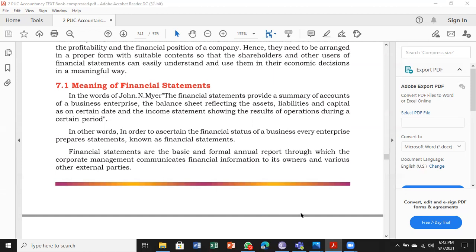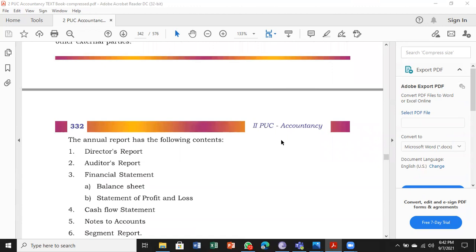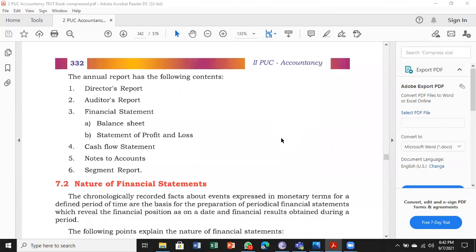So the financial statement is connected to the annual report of a company. The annual report of a company, you can even find on the websites of any company. Annual means 1 year report.